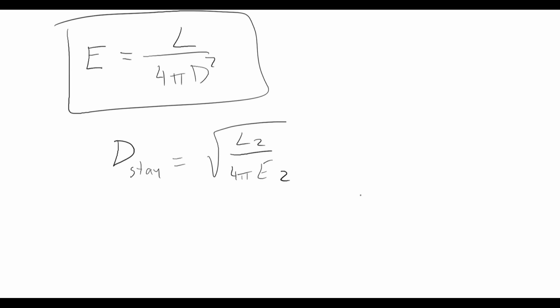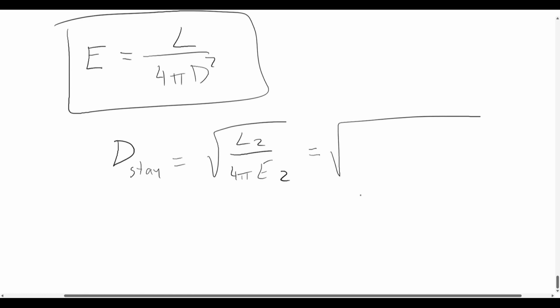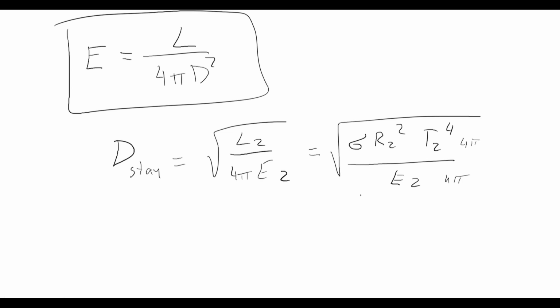Well, then we can write it this way. It would equal the square root of sigma R2 squared T2 to the power of 4 over E2. We get 4 pi here and 4 pi here, but I prefer not to write it.